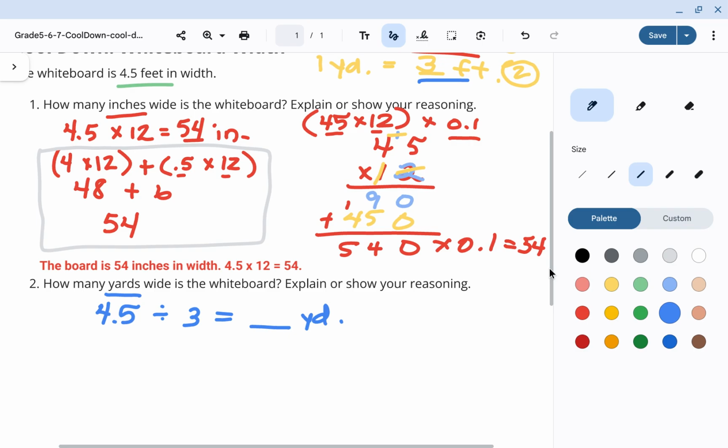Okay. Now, we have this idea of 4 5/10 being divided by 3. I'm going to show, once again, 2 different ways that we can go about doing this.